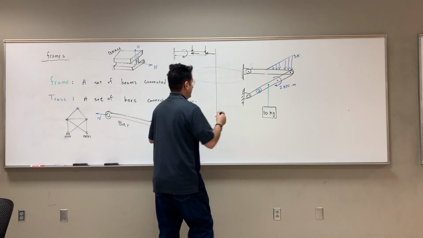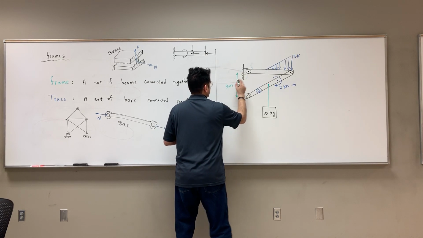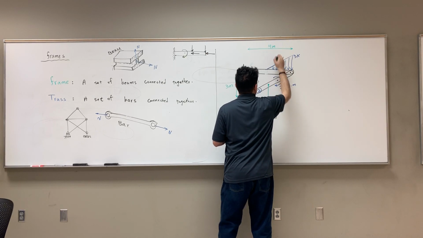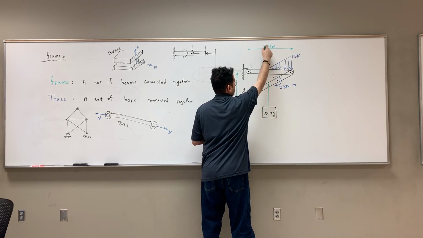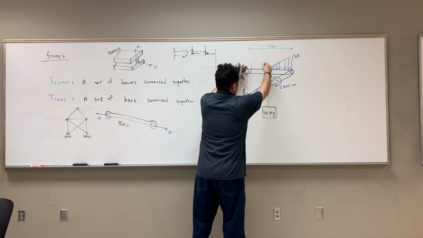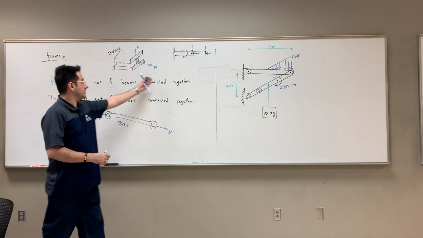And let's say this distance is 3 meters, this distance 4 meters, and this is at the middle of this, so this is 1.5. And also this is at the middle of this guy, so it's 1.5. So yes, this is a frame.